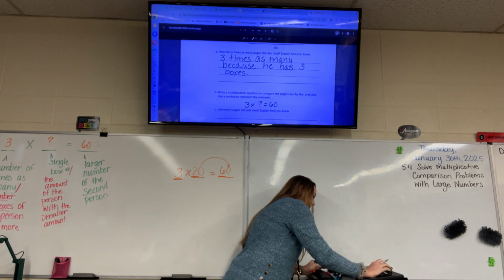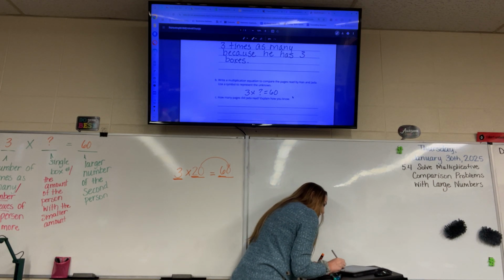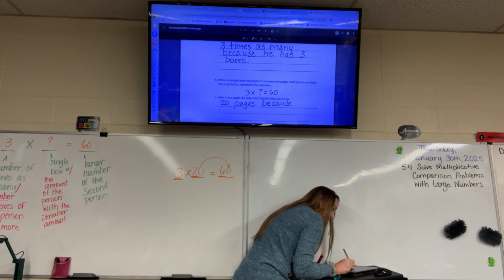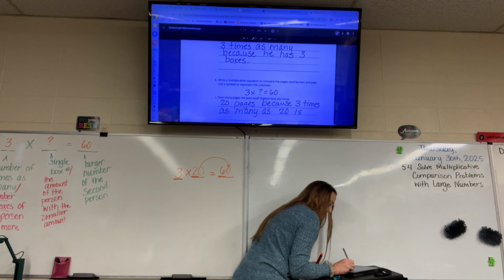3 times. And how many pages did Jada read? She read, we figured out, 20 pages because three times as many as 20 is 60.